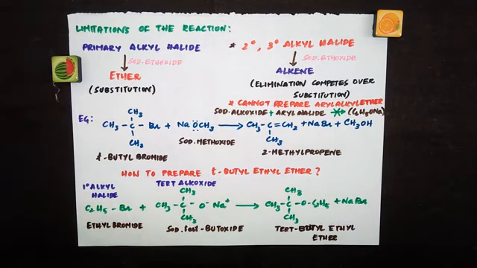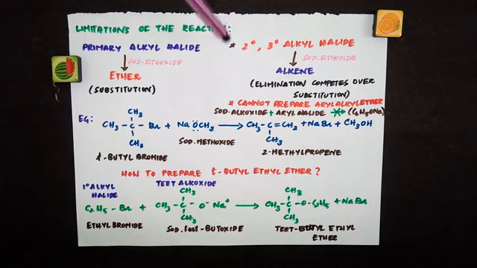So now if you take primary alkyl halide and treat with sodium ethoxide, you are getting an ether. Just now we have seen how you prepare diethyl ether from ethyl bromide and sodium ethoxide. Now the question is, if I want to prepare a tertiary ether, for example tertiary butyl ethyl ether, how can I prepare it?